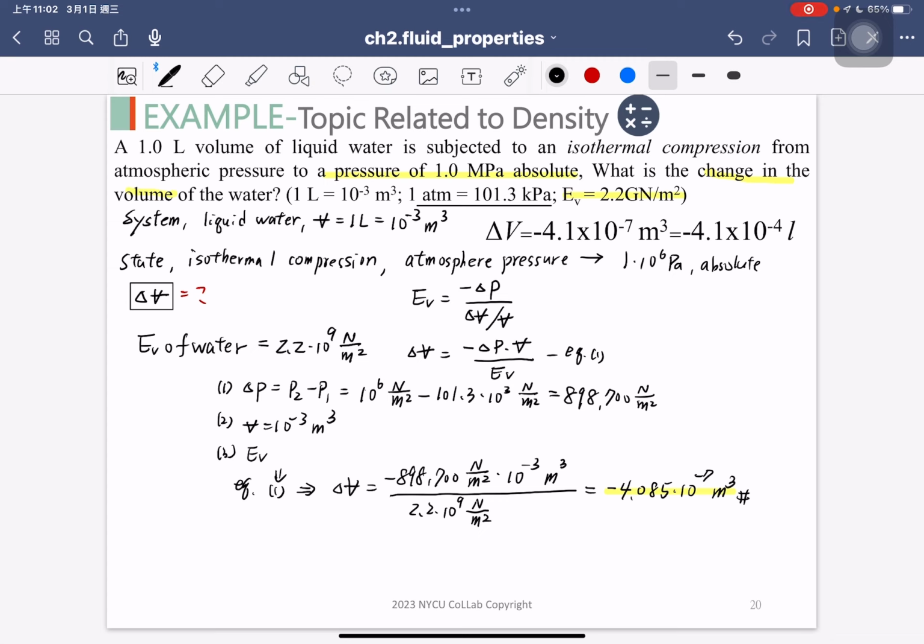You only have a little volume change after a very large pressure compression, but no significant volume change. That's why we usually say water cannot be compressed, so the volume didn't change during the compression process.